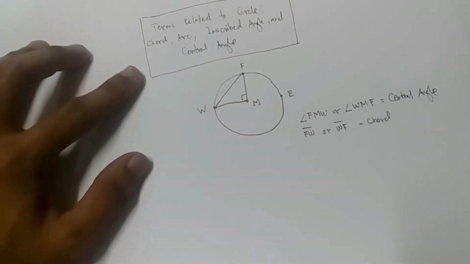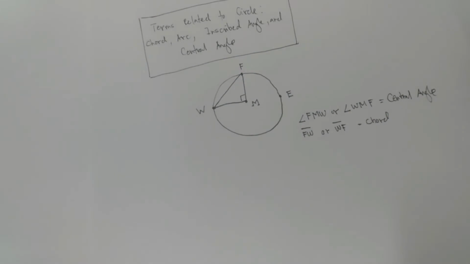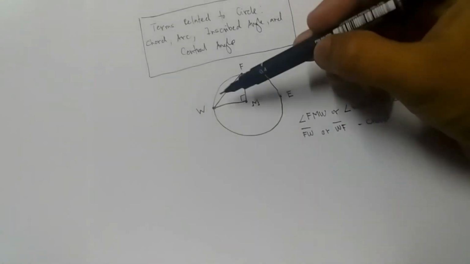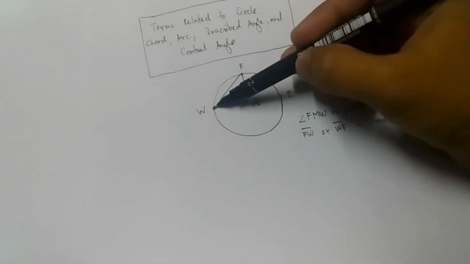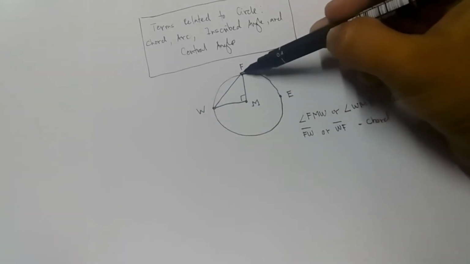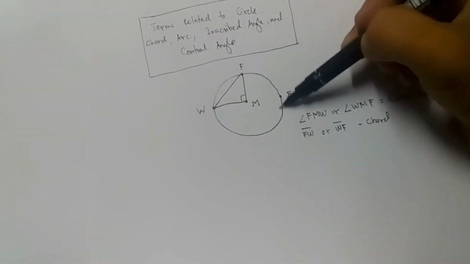Next, arc is a curved shape, which is the distance around the surface of the circular garden.